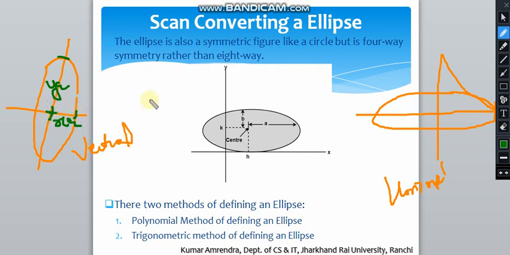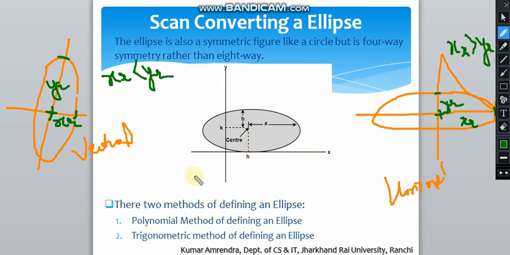Similarly in this figure also we have xr from here to here, and this is yr. So in vertical ellipse, xr is less than yr, and in horizontal ellipse, xr is greater than yr.